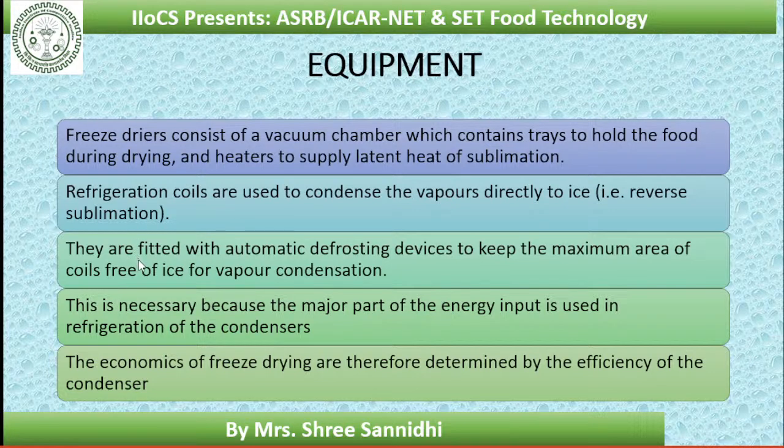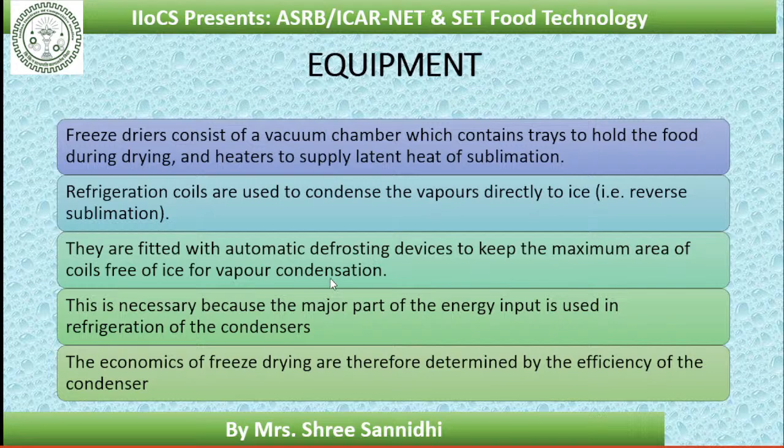These refrigeration coils are fitted with automatic defrosting devices to keep the maximum area of the coils free of ice for vapor condensation. Once it is condensed, the defrosters will remove the condensed frost or ice.